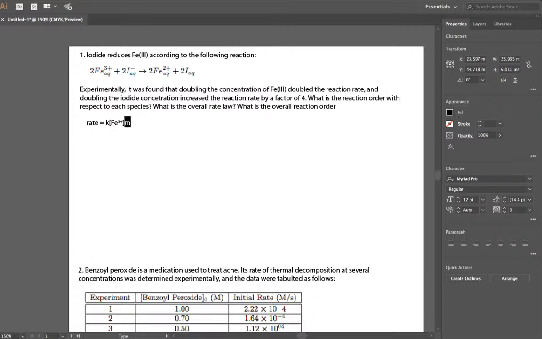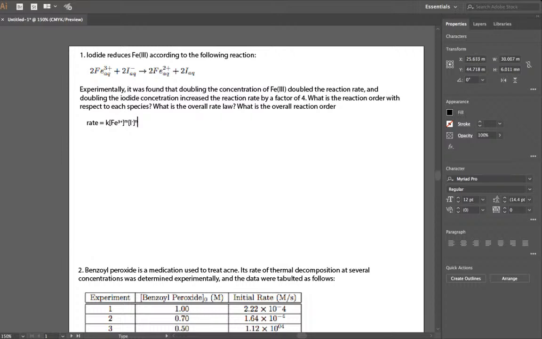So k times Fe3+ to the power of m, multiplied by the concentration of iodide, I minus, to the power of n.